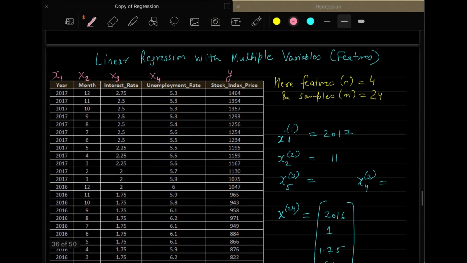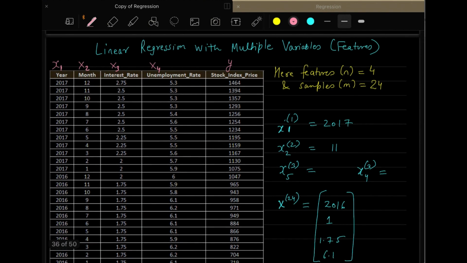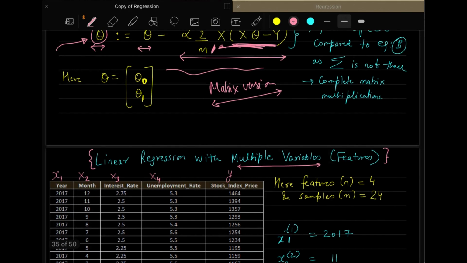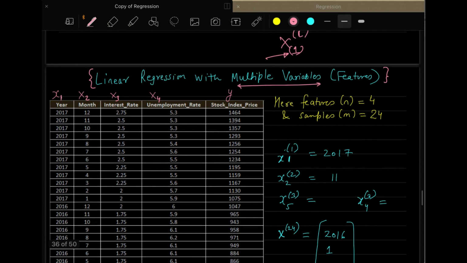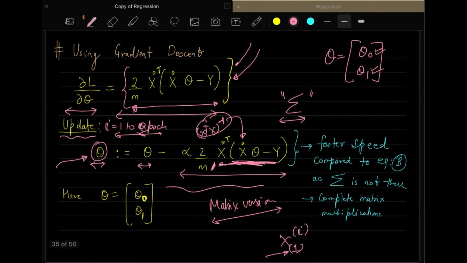The second important thing that we want to discuss now is linear regression with multiple variables. Right now, we were discussing only a single feature, as you know, with n equal to 1 here. But now we will discuss multiple features and see how these expressions change.